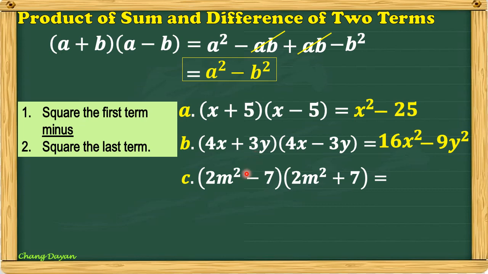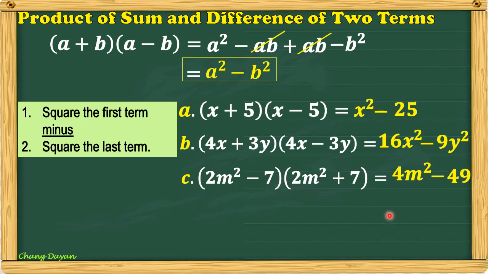For letter C, we'll have 2m squared minus 7 multiplied by 2m squared plus 7. Again, square the first term, 2m squared times 2m squared. That will give you 4m to the fourth. Next, minus, square the last term. 7 squared is 7 times 7. That is 49.